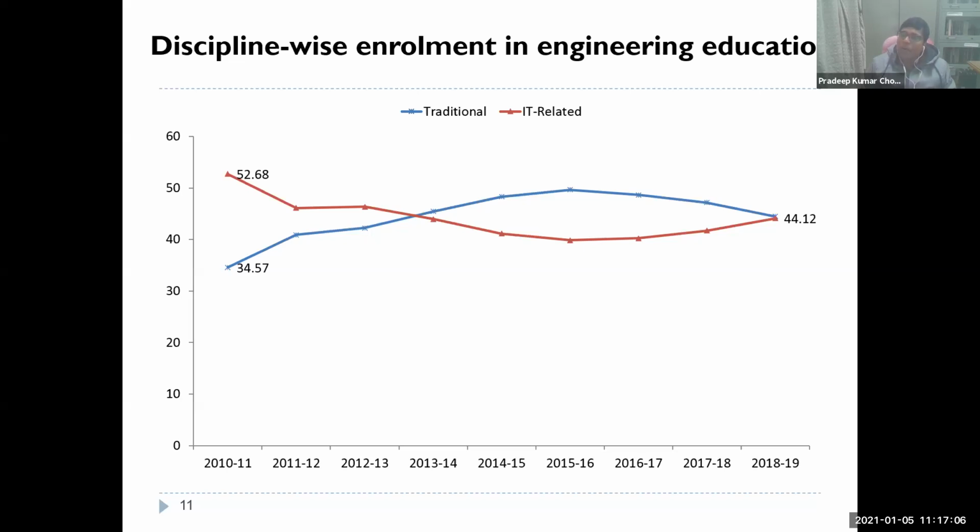The other reason may be that traditional courses like electrical, civil, mechanical need more space for laboratories, but we can run IT-related courses with less space and less equipment and fewer laboratory facilities. That's the understanding I have from the readings. Again, you can correct me on that.